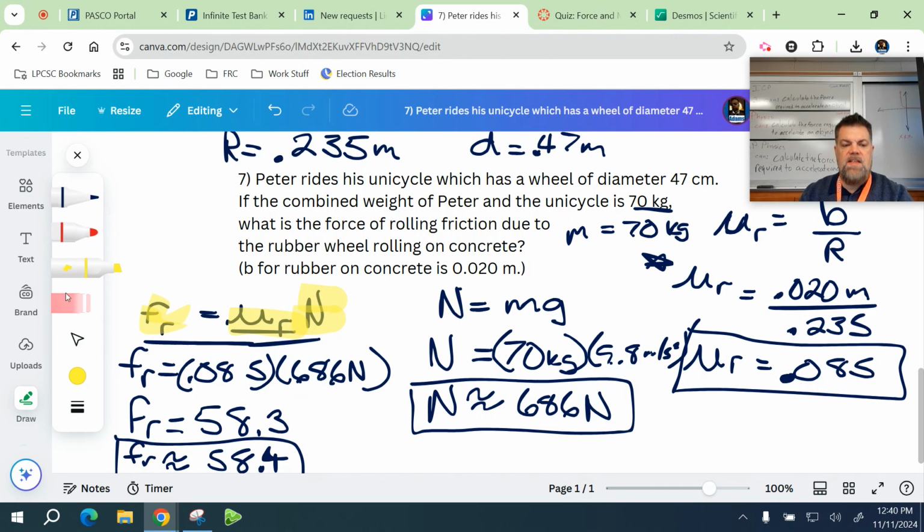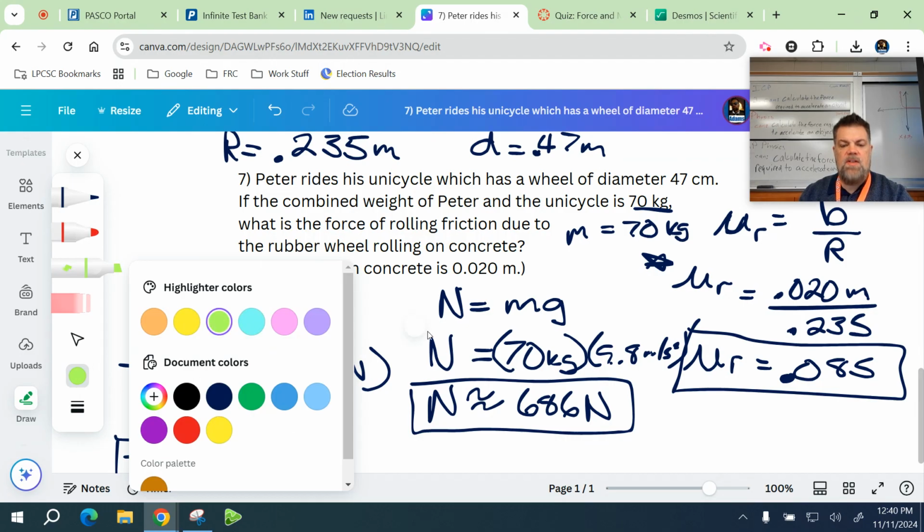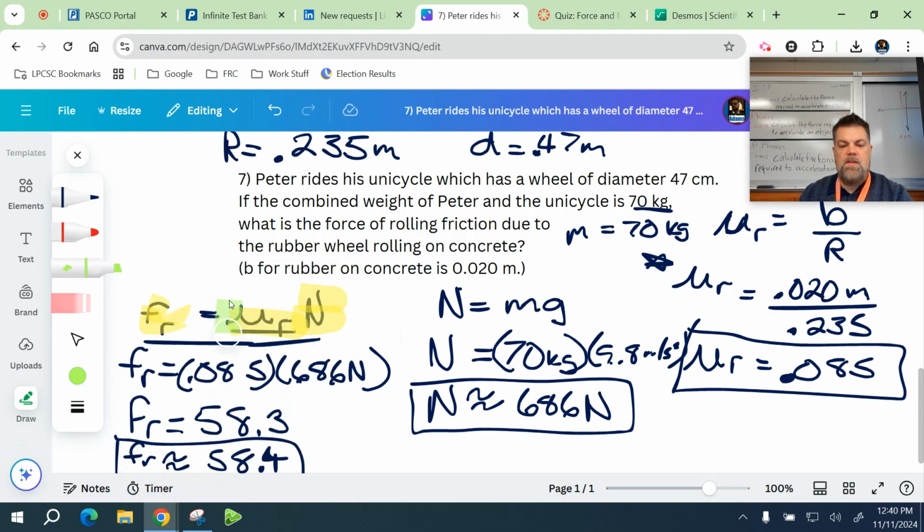So then I needed to calculate the coefficient, and to calculate the coefficient, we have B divided by the radius of the wheel.